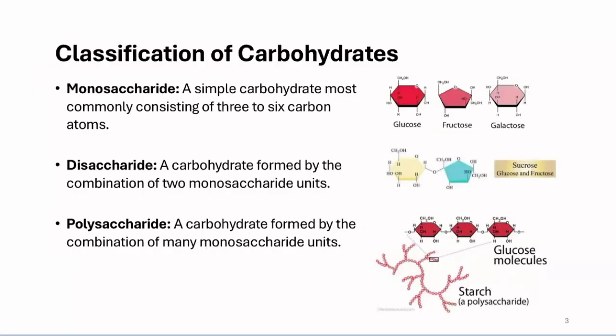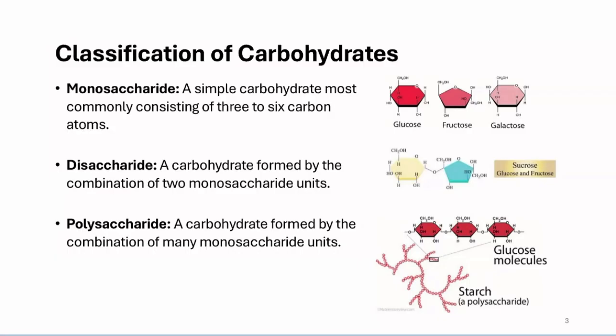Based on their composition, we can say that carbohydrates can be categorized into monosaccharides. And a monosaccharide is going to be the simplest form of a carbohydrate because there is actually one unit of sugar in a monosaccharide. That's why it has the prefix mono to signify the single unit of sugar in these compounds.